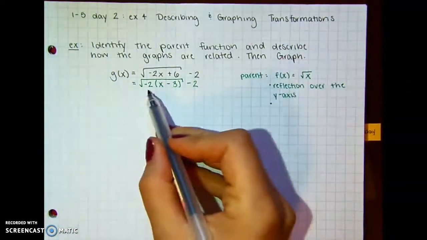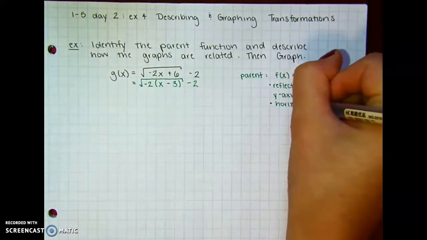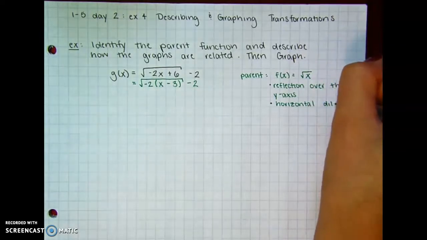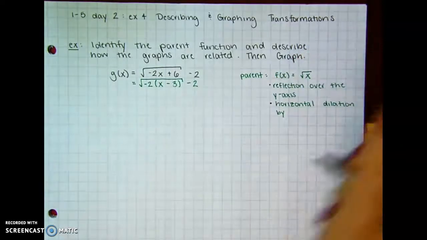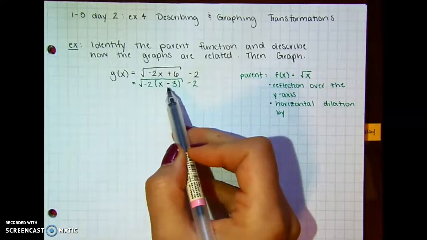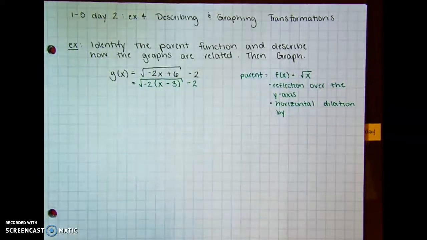Okay, this too is a horizontal dilation by, and then remember from last year, everything inside with those x values is the opposite of what you would think. So because this is multiplying, it's actually going to be the reciprocal.